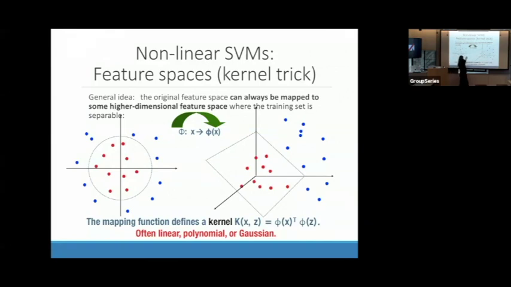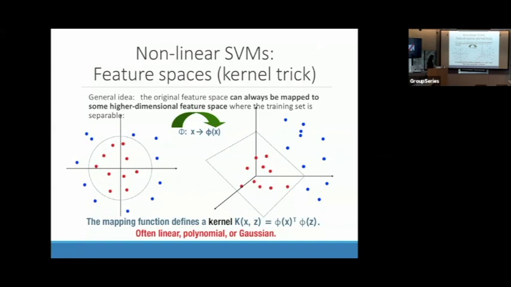I can take these, drag them off the board, make it a 3D space, and then use the hyperplane to cut over. The function that takes me from my original x coordinates in 2 dimensions to a new mapping phi of x, in this case in 3 dimensions, is closely related to the kernel.